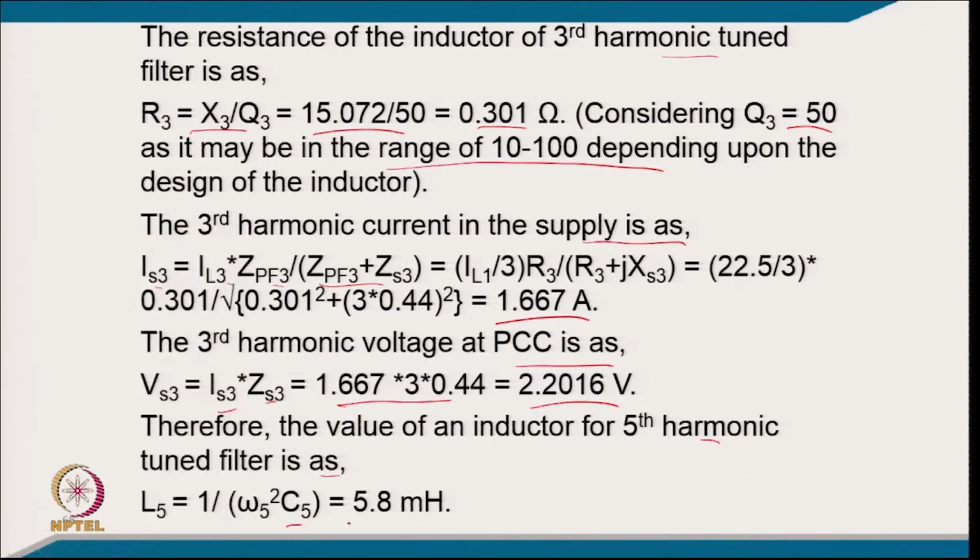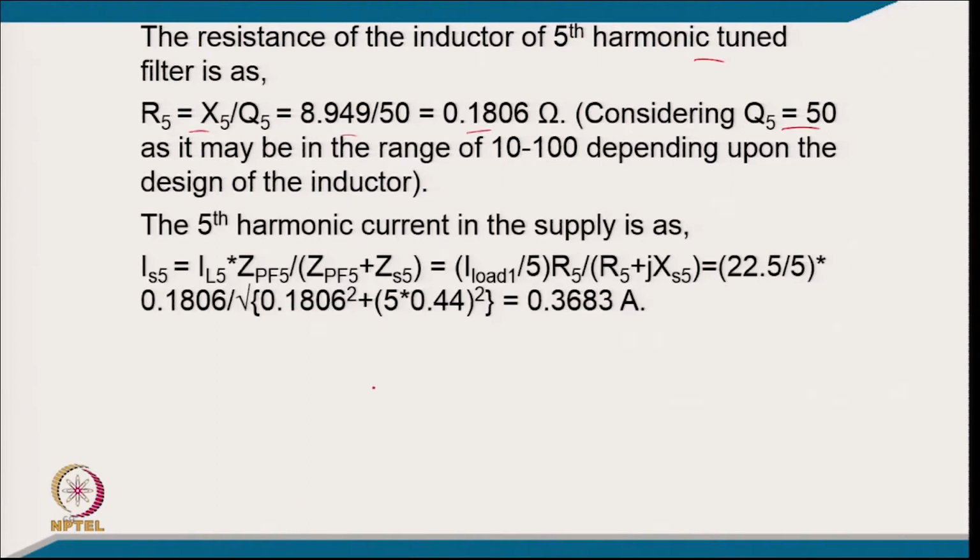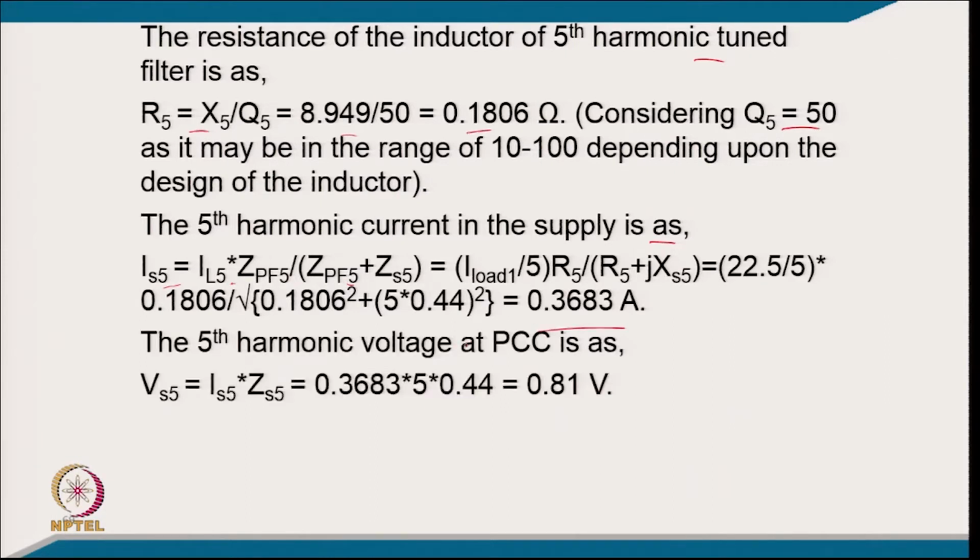and therefore, the value of the inductor for the fifth harmonic tuned filter, L5, putting the value in the tuned relation, is 5.8 millihenry, and the resistance of the fifth harmonic tuned filter will be R5 equal to X5 by Q5, that comes to 0.1806 ohm, considering Q equal to 50. The fifth harmonic current in the supply will be IS5 equal to IL5 from this parallel relation, it comes to 0.3683 ampere, and the fifth harmonic voltage at PCC will be IS5 into ZS5.